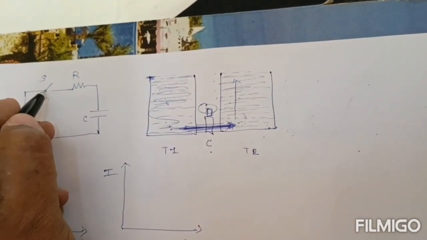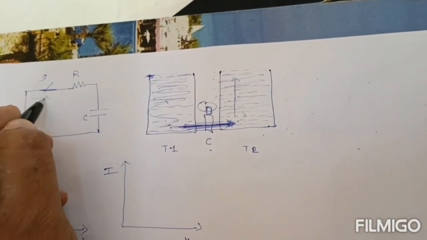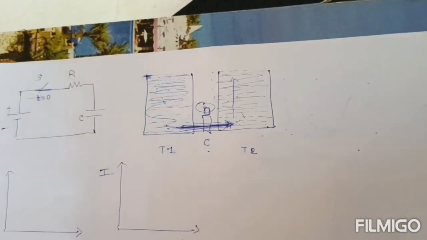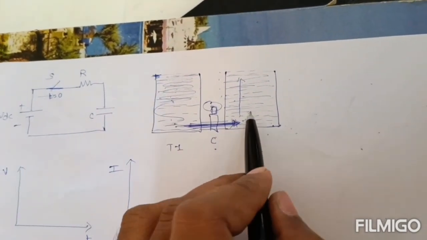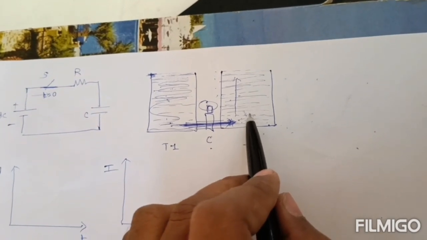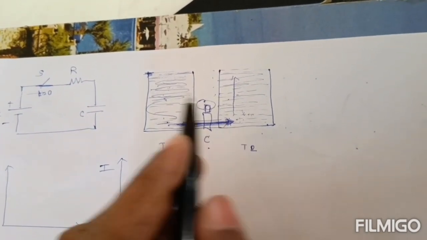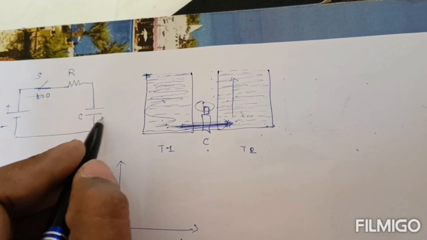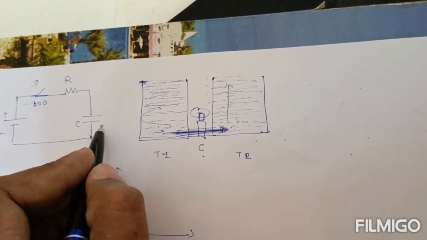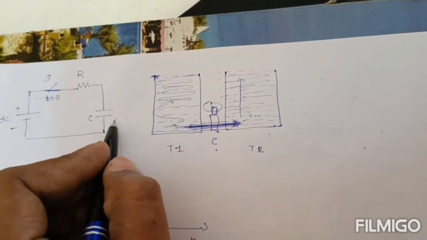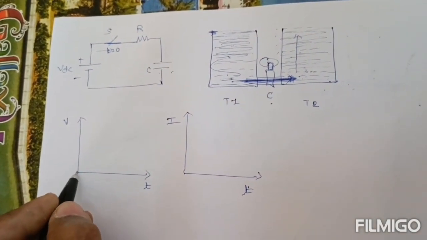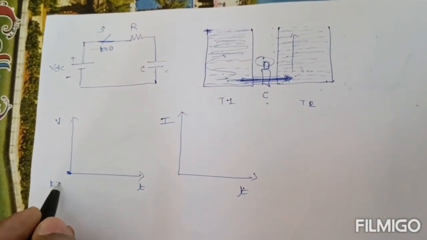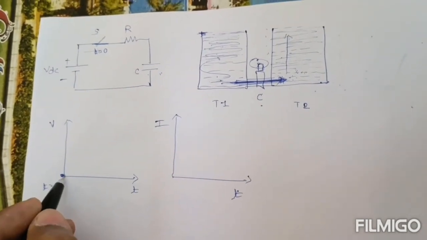Similarly, whenever I close this switch, let's say at t equal to 0, just like the second tank is totally empty, this capacitor is totally discharged. This capacitor does not have any voltage initially. So I can put this point here: at t equal to 0, the voltage across the capacitor is 0.